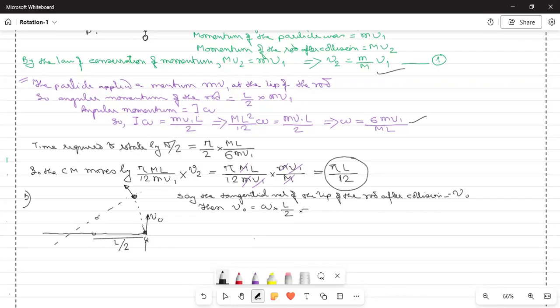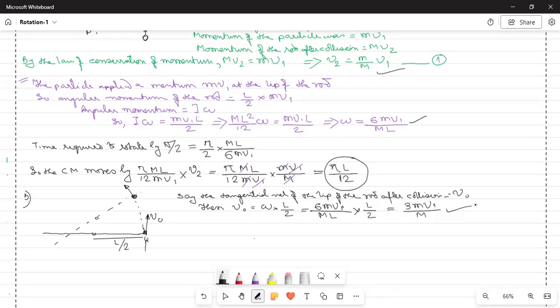Omega we already know, which we have already found: 6 m v1 by M L. So 6 m v1 by capital M L, multiplied by capital L by 2. So this is equal to 3 small m v1 by capital M. So we have got the tangential velocity of the tip immediately after rotation.